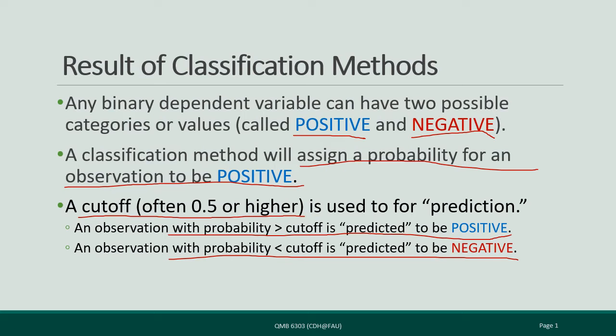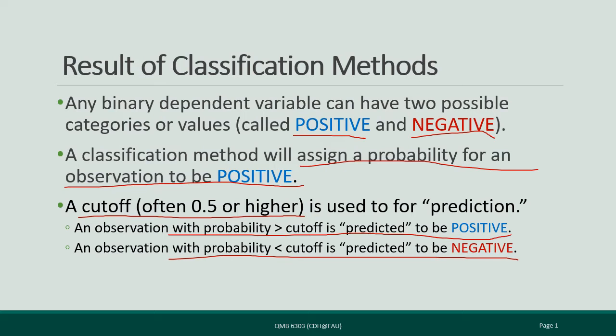Then we say, okay, 40% is lower than our 75% cutoff. Then the outcome of this classification method is that this person is not a good loan candidate. Okay, so the outcome is predicted to be negative. So that's pretty much how classification methods work.